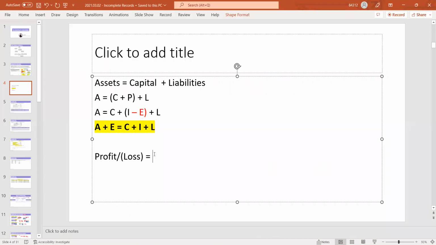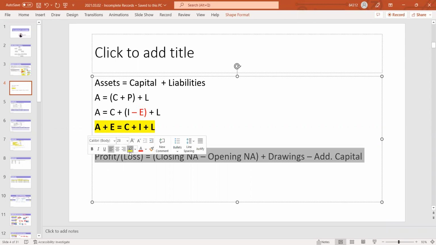Profit or loss equals closing net asset, net asset means capital, minus opening net assets plus drawings minus additional capital. So this is how we calculate the net profit.